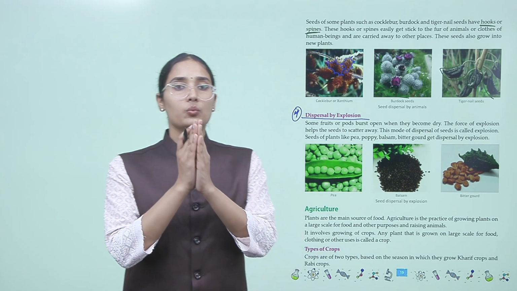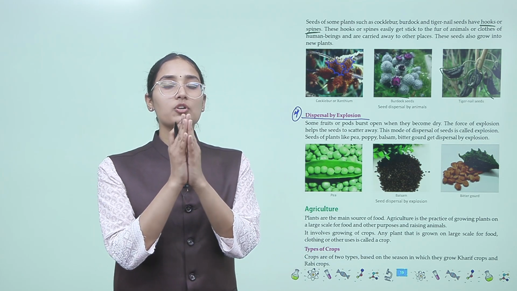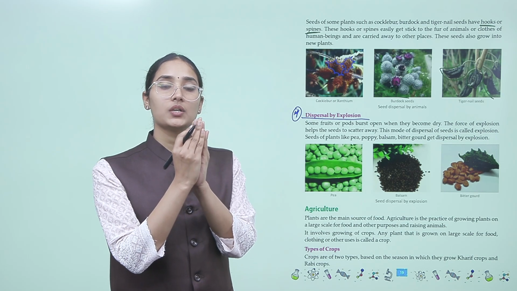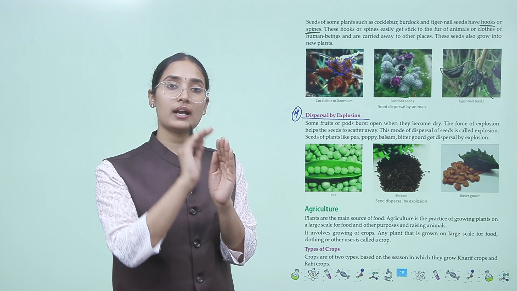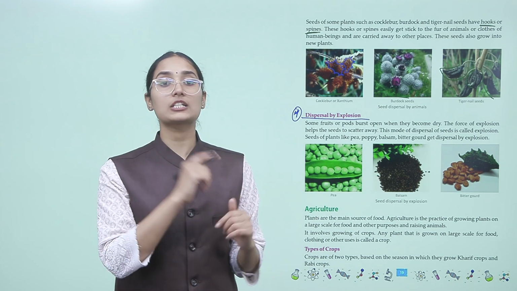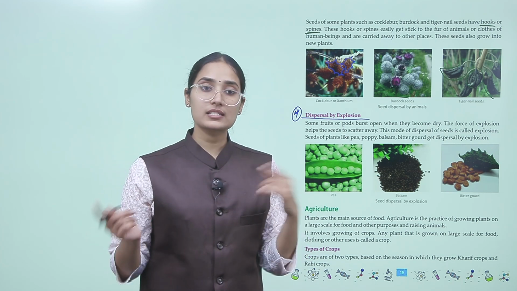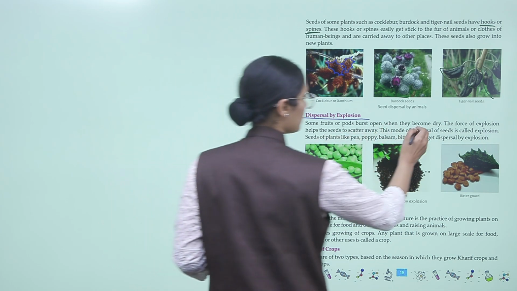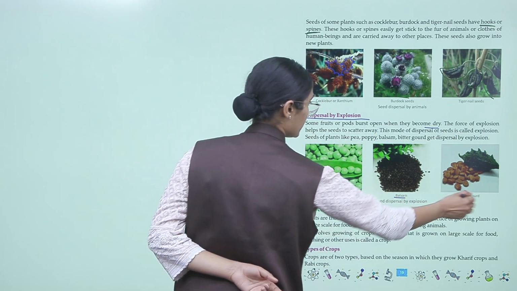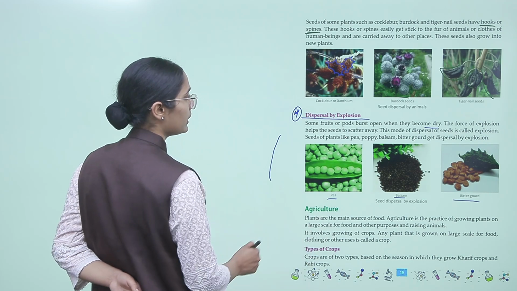So, when a certain amount of pressure builds inside, right? When the pressure increases beyond a certain point, it gets opened up, it gets exploded, right? In the same way, when the seeds become dry, in the case of pea, balsam, bitter gourd, right?